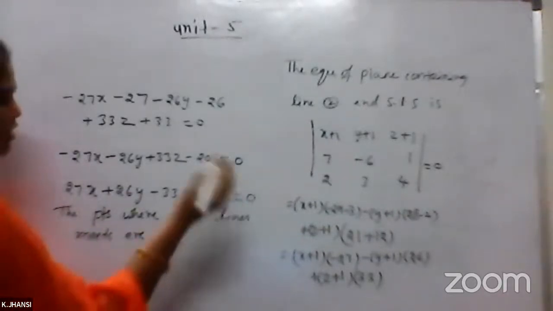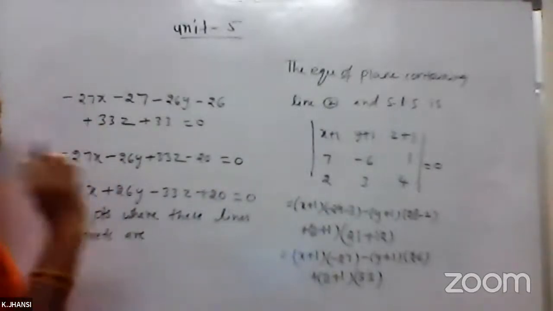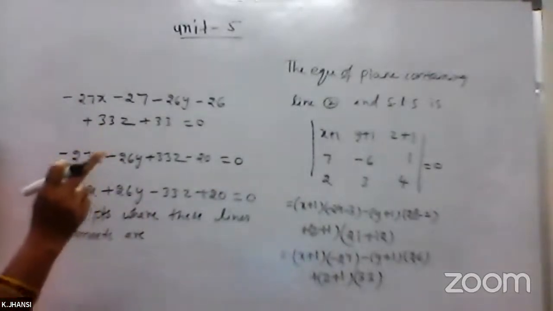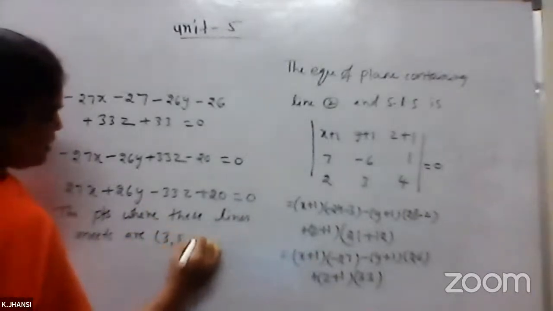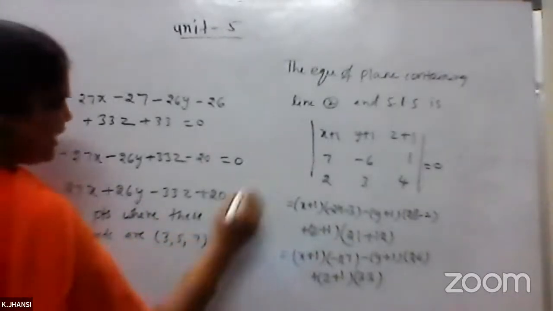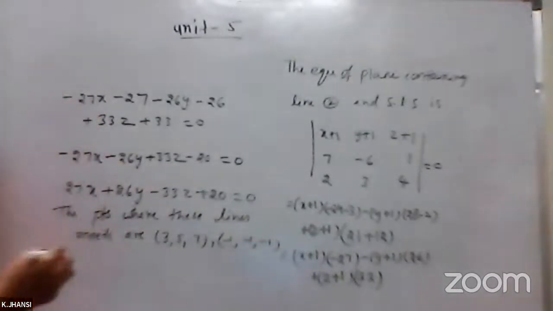Whatever the x1, y1, z1 and x2, y2, z2 values are, those are the points. So for the first line it is 3, 5, 7, and for the second line it is minus 1, minus 1, minus 1. Okay, so this is the procedure to find the shortest line segment.